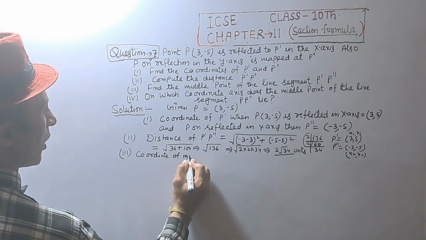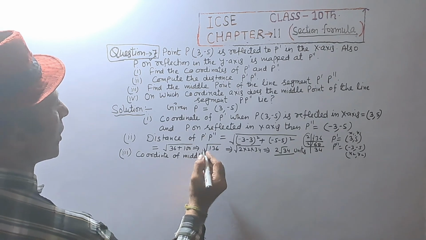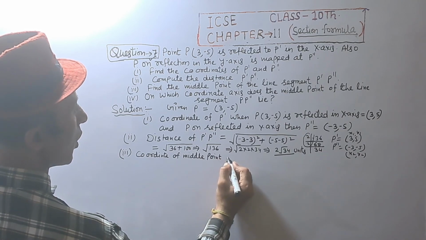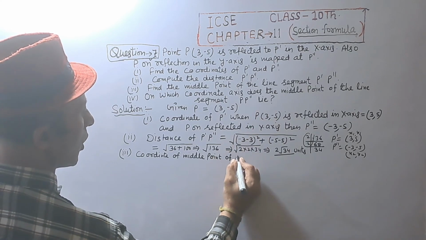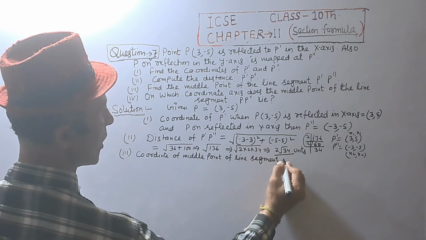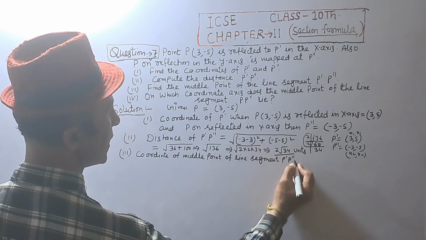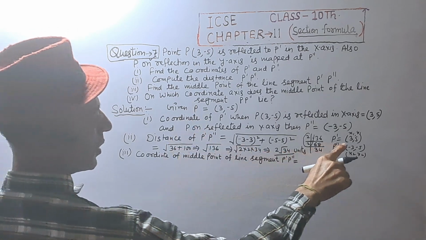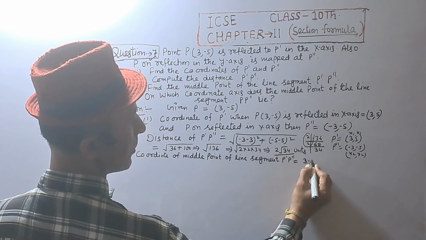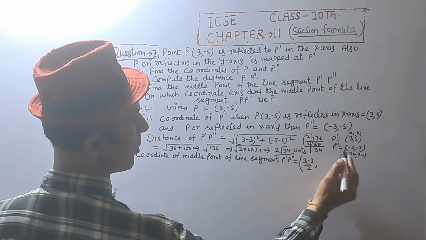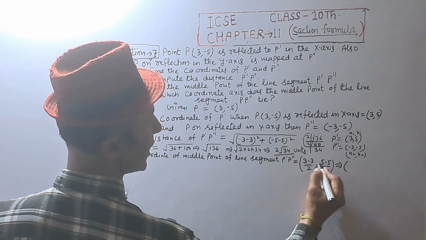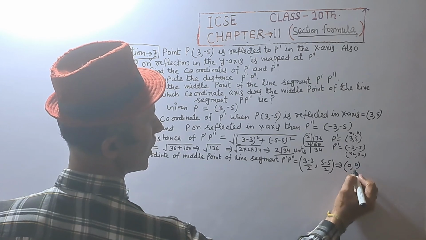Coordinate of the middle point of the line segment P dash, P double dash is equal to (x1 plus x2) upon 2, comma (y1 plus y2) upon 2, that is (3 minus 3) upon 2, comma (5 minus 5) upon 2, which implies we get (0, 0). Answer.